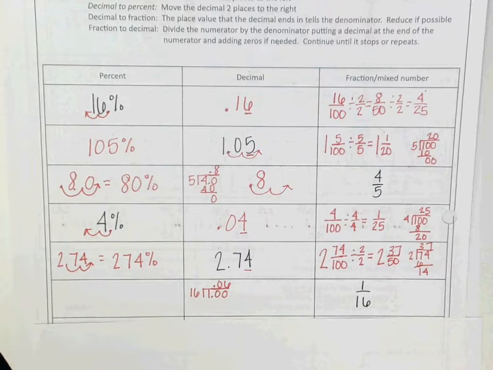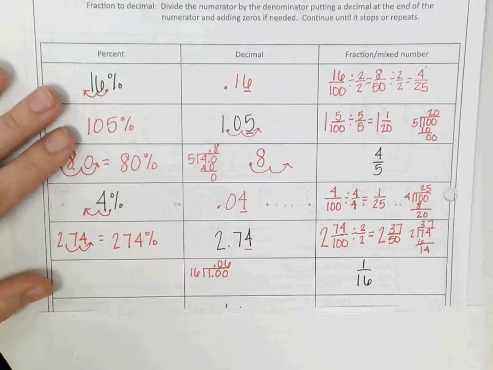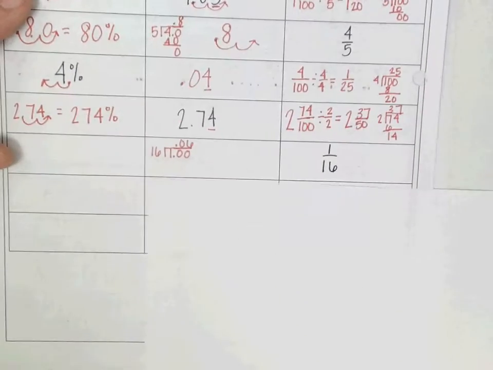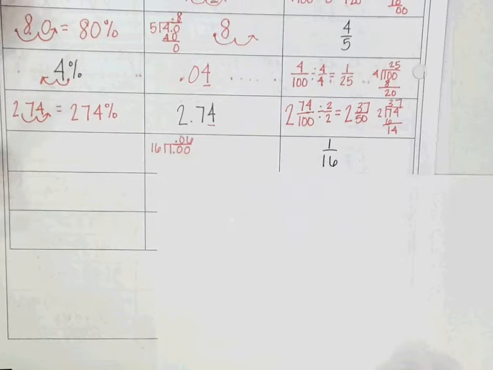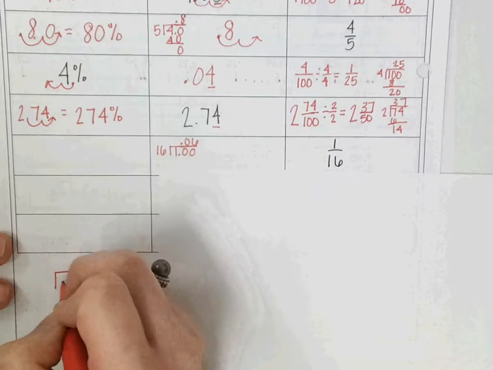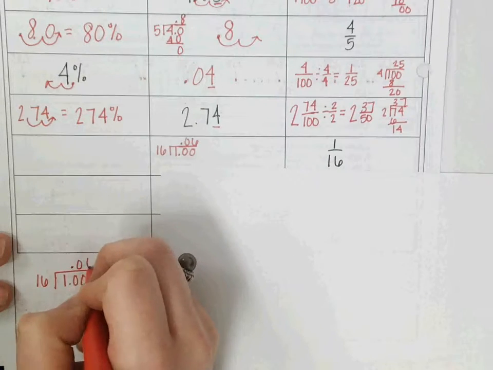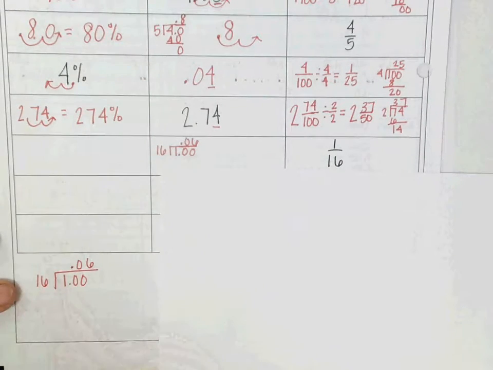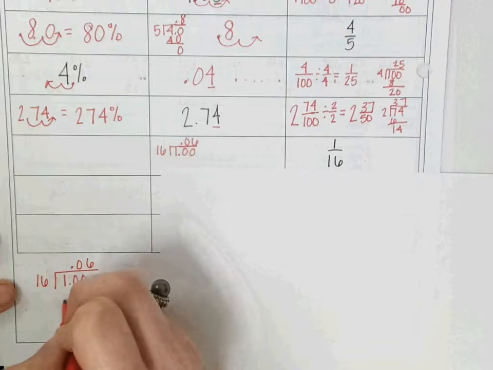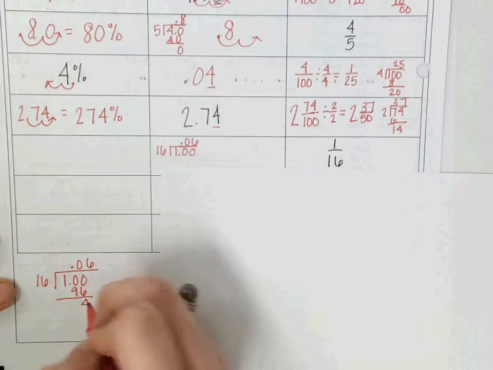To give us a little more room, let's jump down here to the bottom. I'm going to rewrite this really fast, since we're not going to have enough room up there to work. So we have 0.06. 6 times 16 is 96, which gives me a remainder of 4.